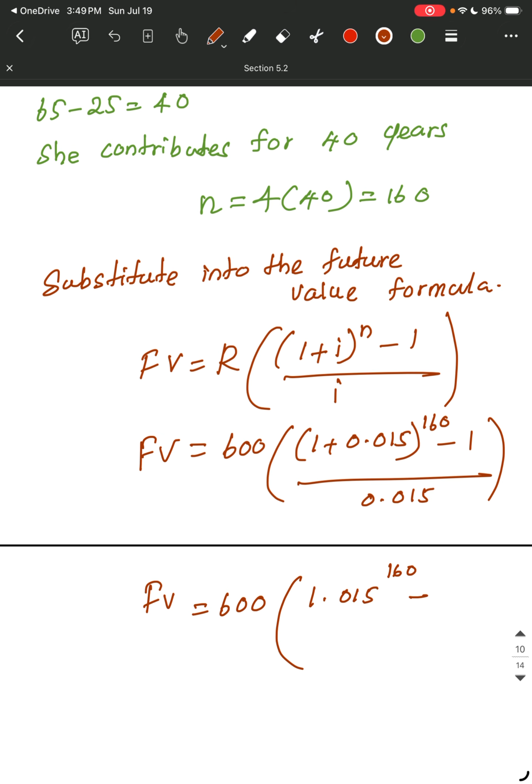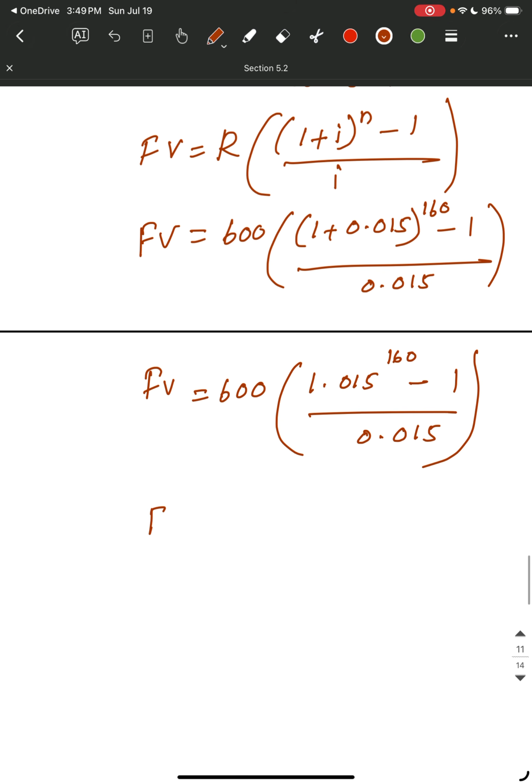You can use your calculator. So 600 times 10.828 minus 1 over 0.015.